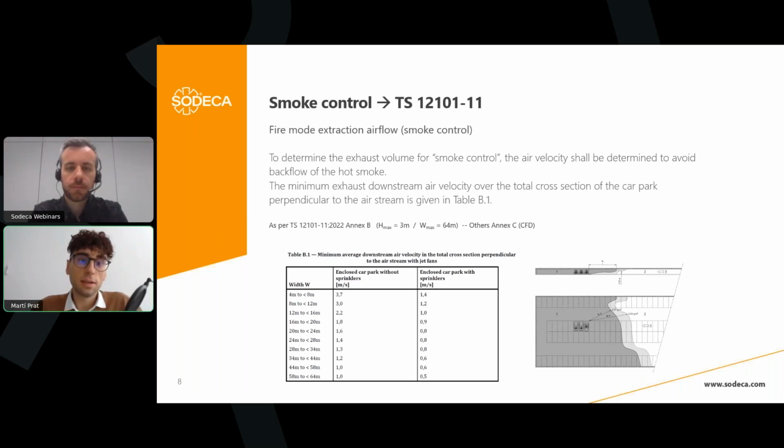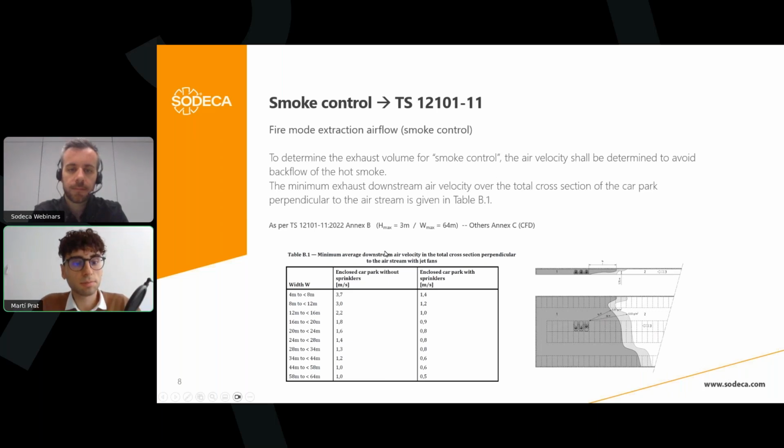And instead, in a smoke control system, we refer to the TS 12101 Part 11. The smoke control system, as I said, is intended to maintain an area free of smoke, so the firefighters can approach the fire, locate it and tackle it.